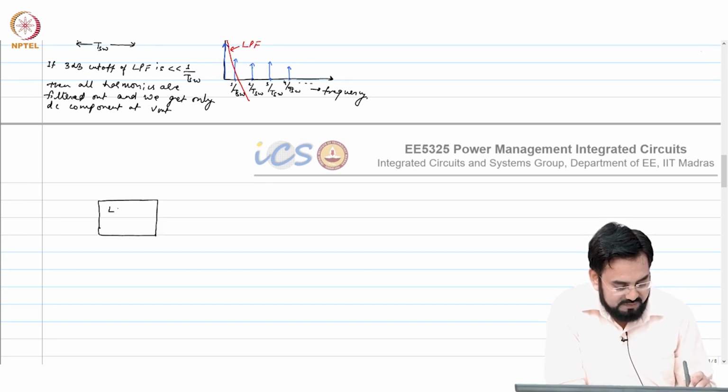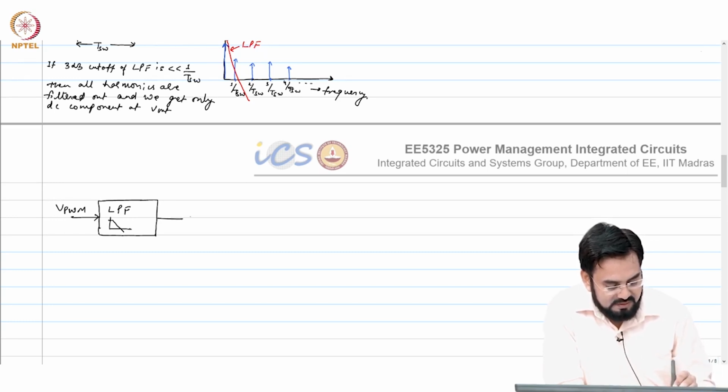which means if this is your LPF, which will have something like this, this is your PWM signal and this is Vout.